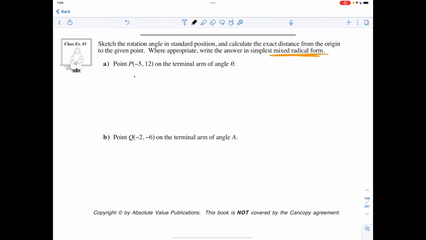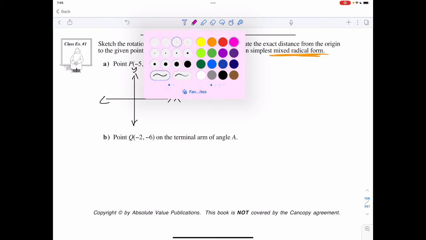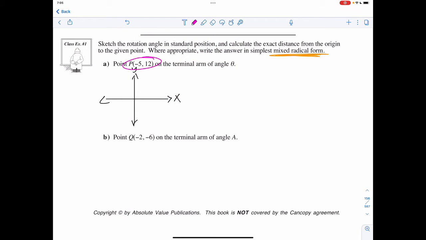we're going to draw our y-axis, we're going to draw our x-axis, we're going to find our point, in this case, -5 and 12.